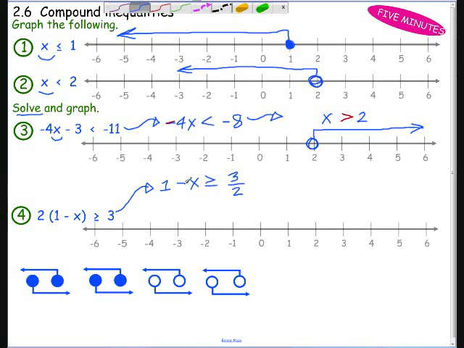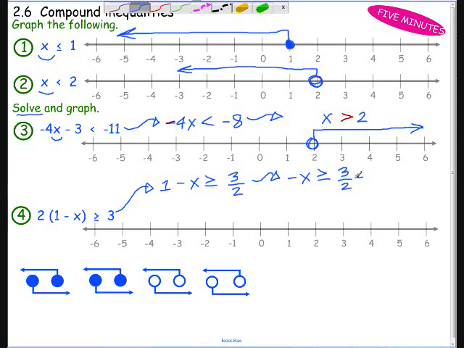What do I do now? Well, remember I'm trying to isolate x. So my next step, I'm going to subtract 1 from both sides, so I'll have a negative x greater than or equal to 3 over 2 minus 1.